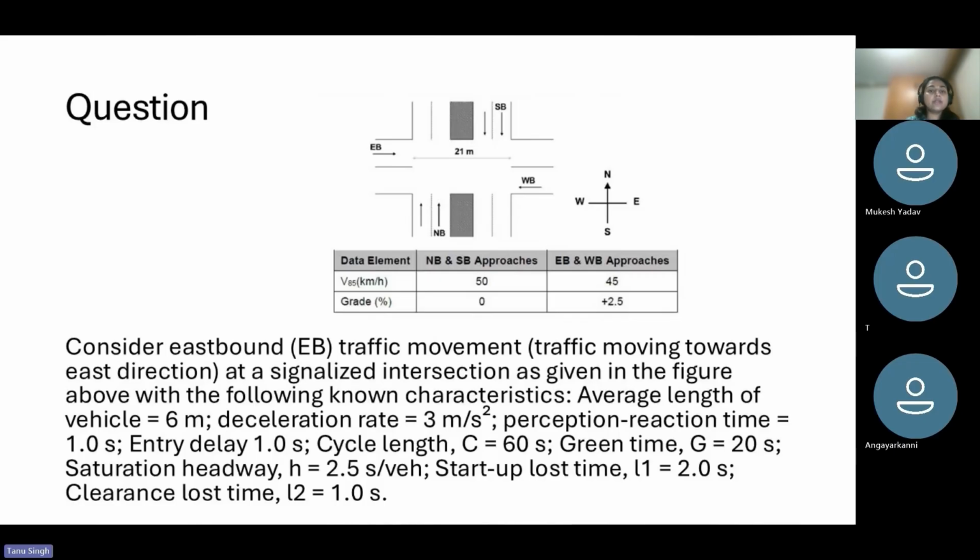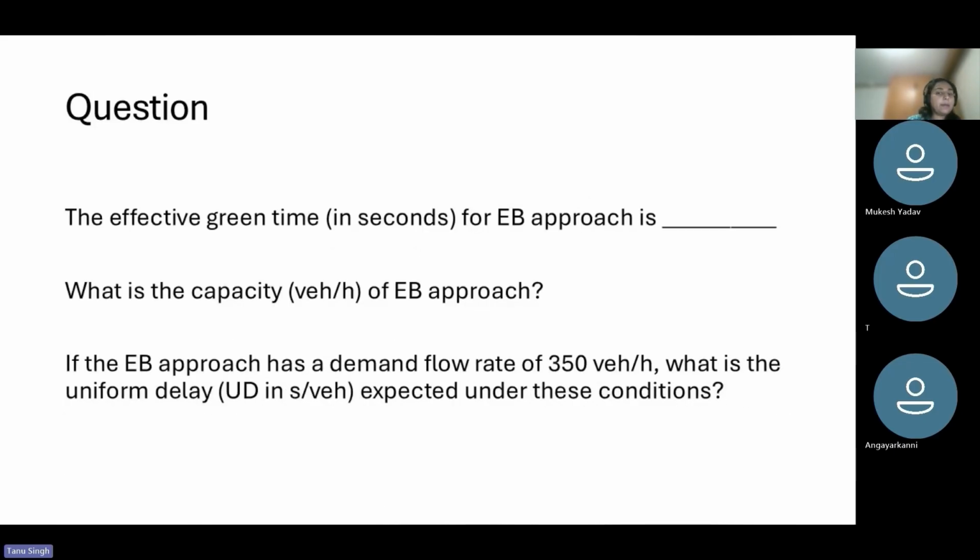You have to calculate effective green, then capacity. The previous one was for the northbound, now it is for the eastbound.